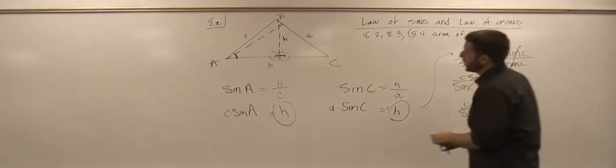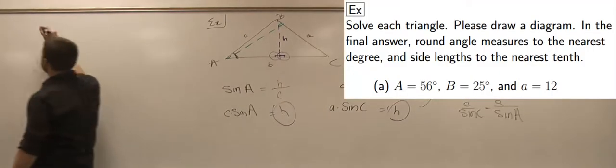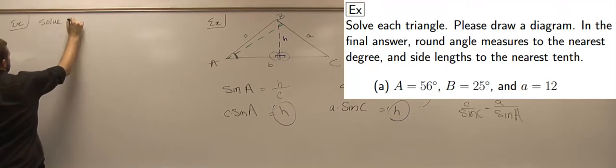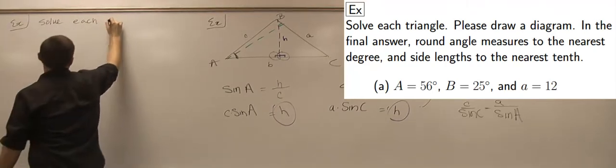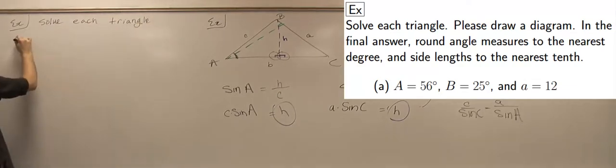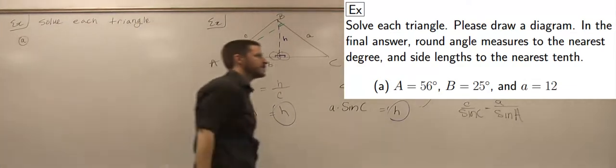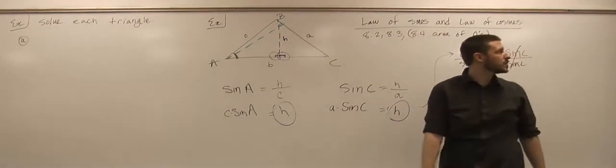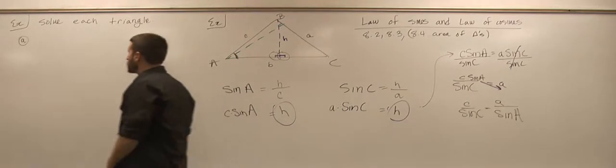Solve each triangle. Okay. So I give you information about a triangle. A equals 56 degrees, B equals 25 degrees, and a equals 12.